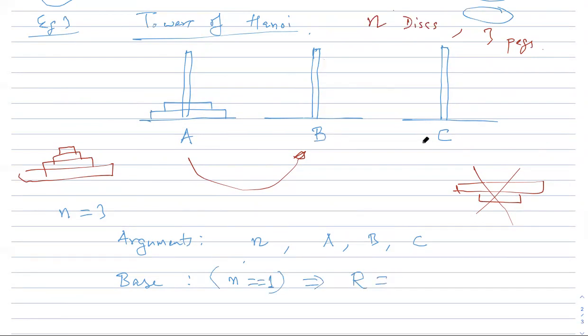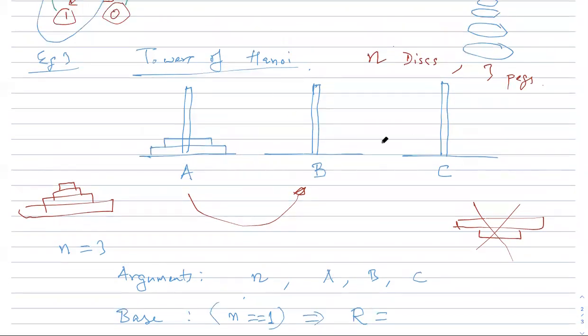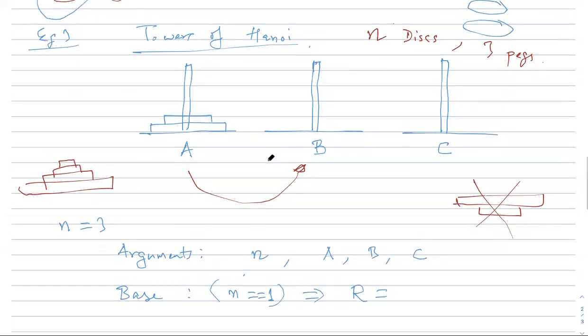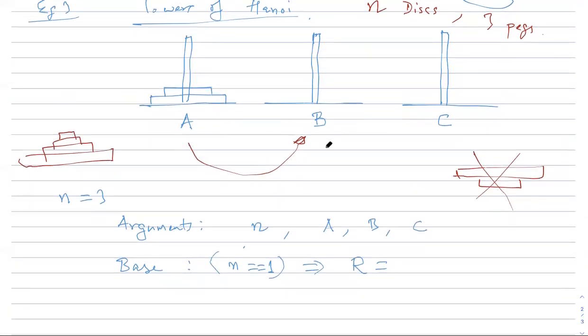So here what we are looking for, let's be very clear. It's a puzzle, right? So puzzle means we are looking for the steps. Give me the exact sequence of steps needed to achieve this. That's what we are looking for. So what is the step here when you have only one disk?